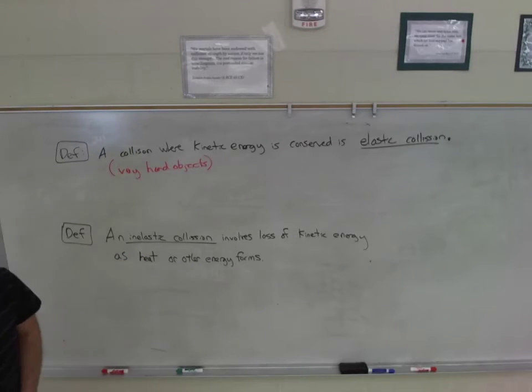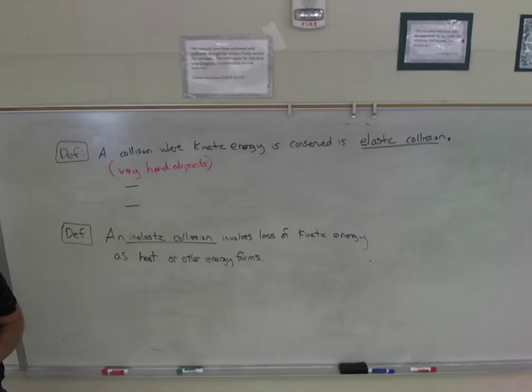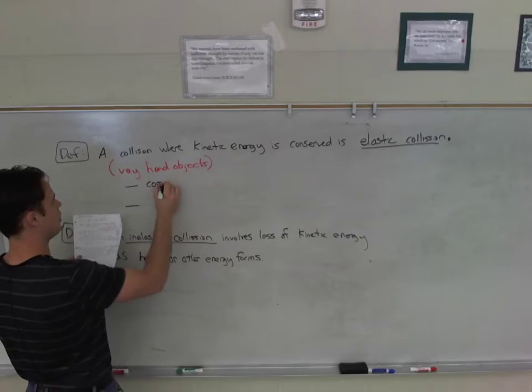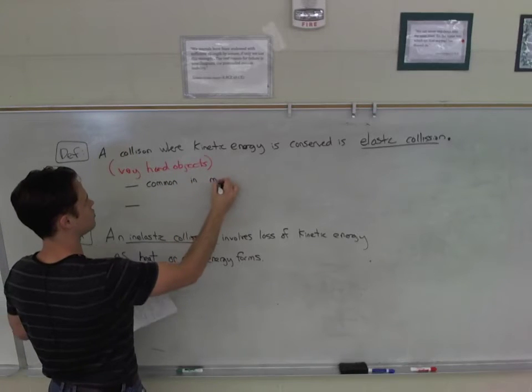Okay, a couple other things. We're going to mainly look at elastic collisions because they're a little easier. The more inelastic a collision is, the harder it is to describe, so we're going to stay away from that mainly. Elastic collisions are common in the microscopic world.